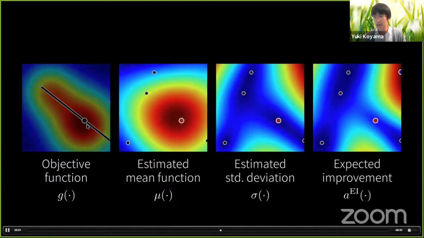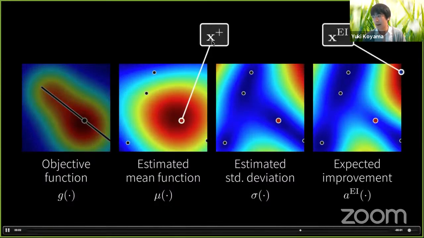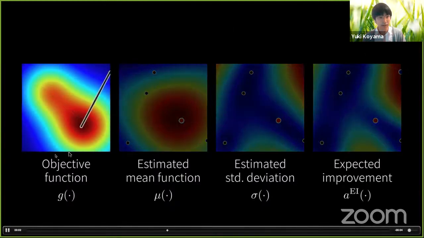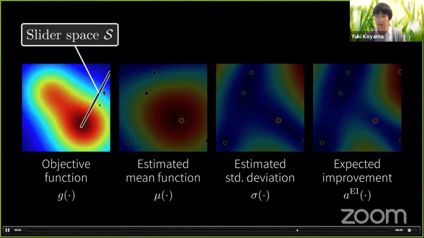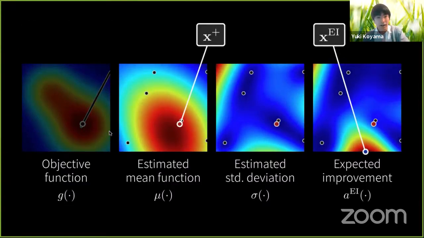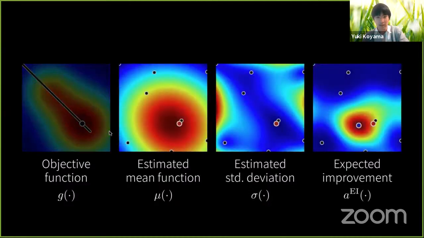By using this observed data, the system updates the internal models again and then obtains the X plus and XEI again. By connecting these 2 points, the system determines the next slider space and then obtains the X chosen by line search. So the system iterates this process until a good solution is found.